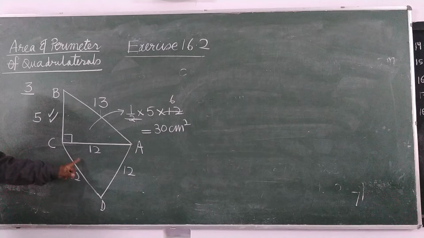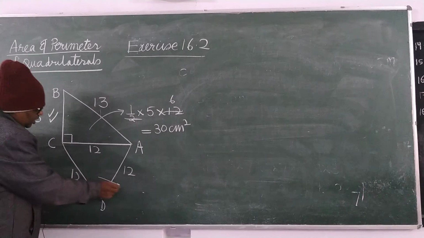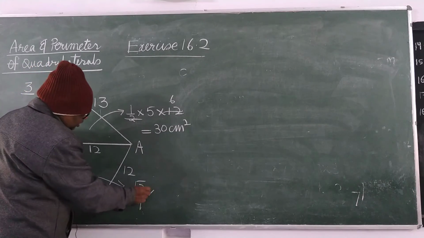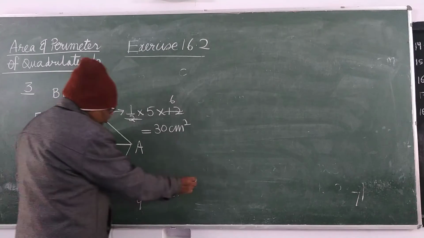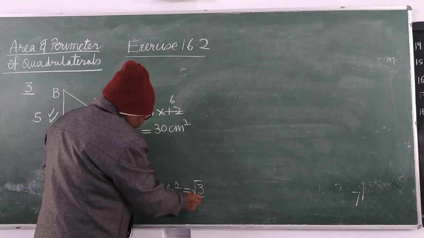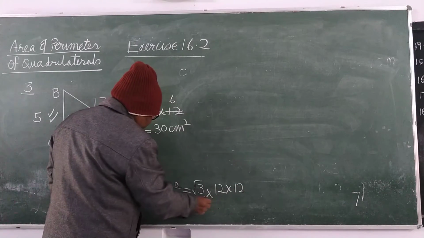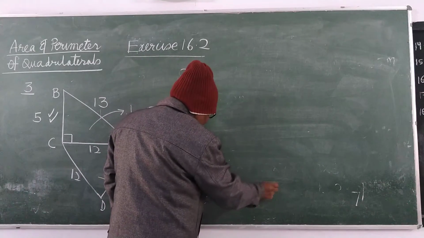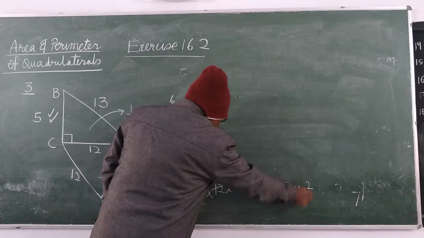Then you have to find the area of the equilateral triangle. Area of equilateral triangle will be root 3 upon 4 into side square. So root 3 upon 4, and what is each side? 12 into 12. So that is 36 root 3 centimeter square.